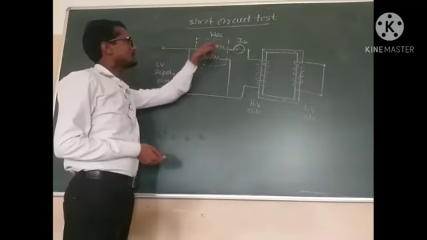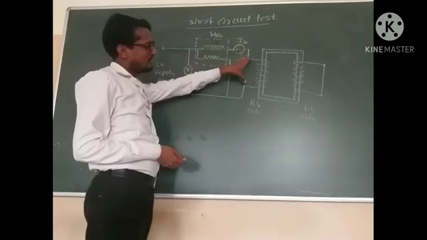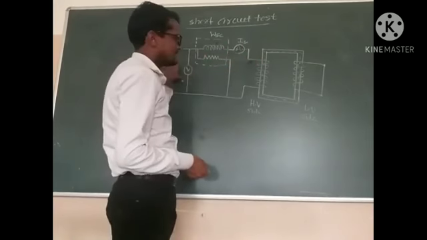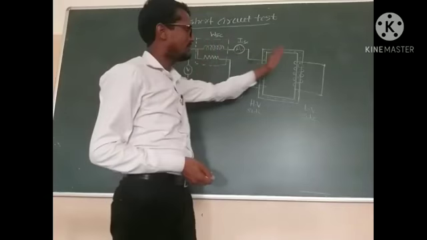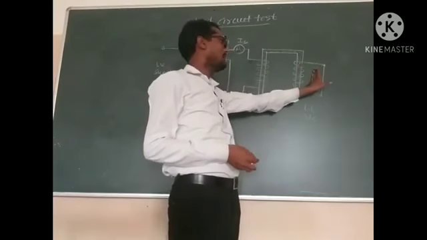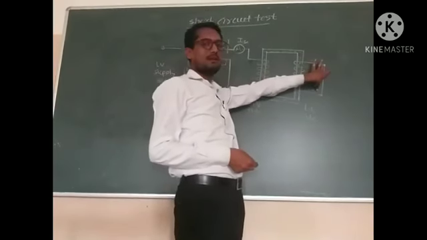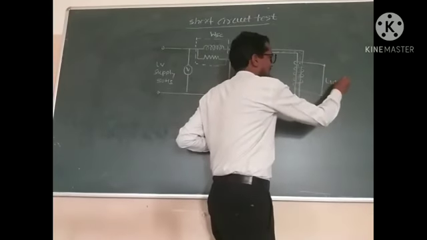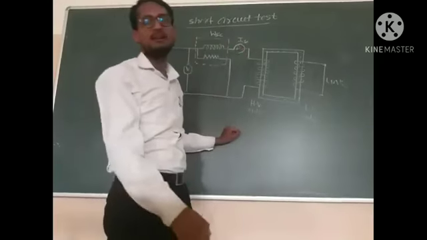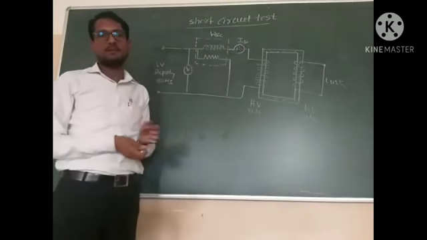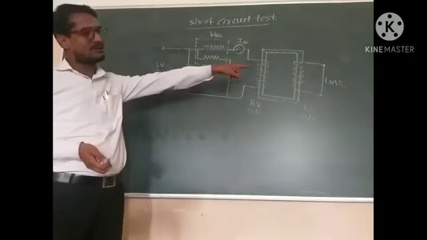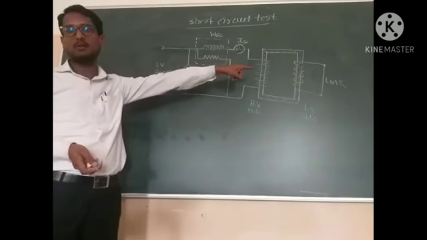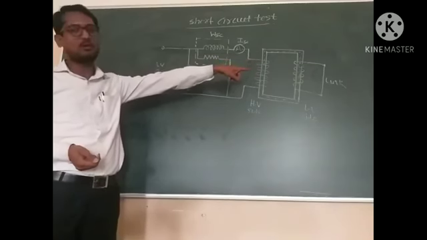This measures the WSC, and the HV side of the transformer is connected with the supply, and the LV side of the transformer we short by a link or a thin conductor. Sometimes this link can be replaced by an ammeter to calculate the rated load current.